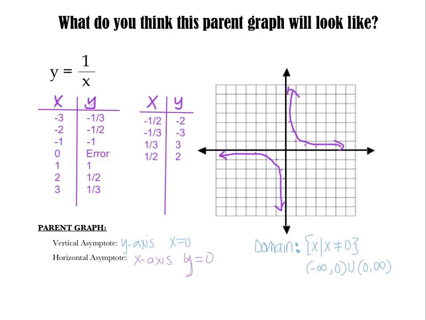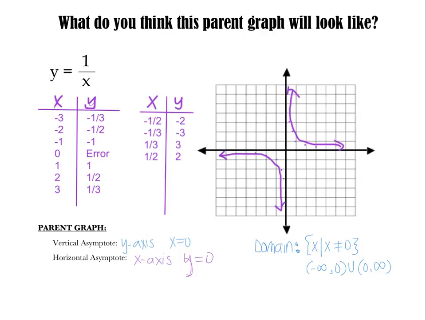So just as a refresher, the set notation is going to be all values of x such that x cannot equal 0. So it's all real numbers except for 0. Or I can write it in interval notation of negative infinity to 0, unioned with 0 to positive infinity. So just showing that there's this slight little break right there at 0.